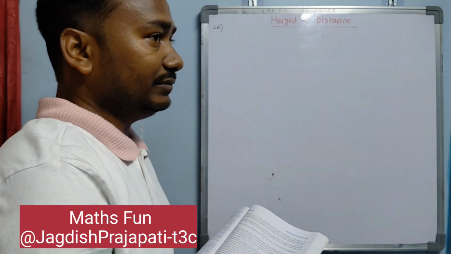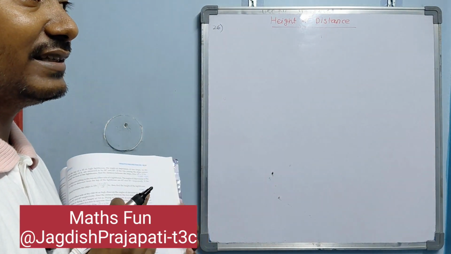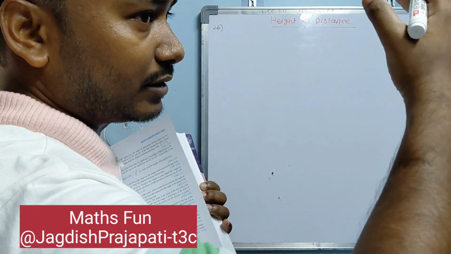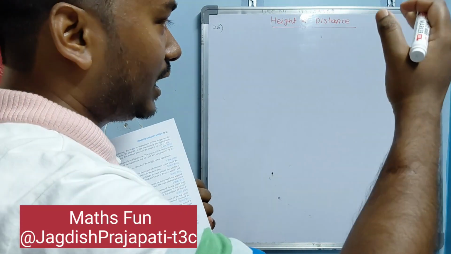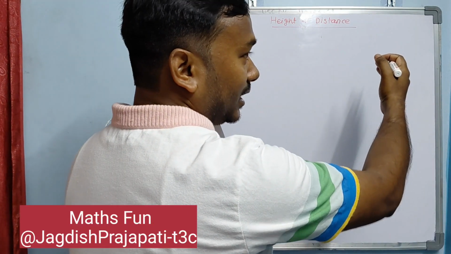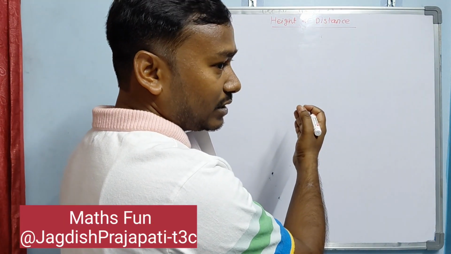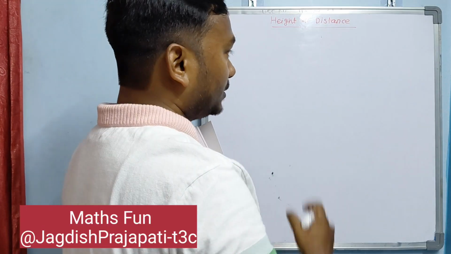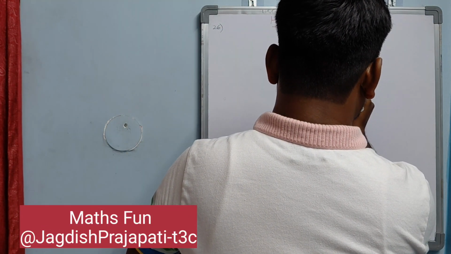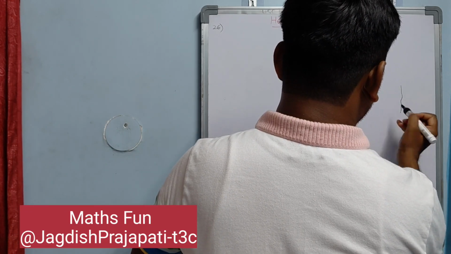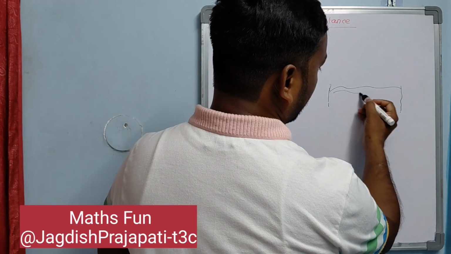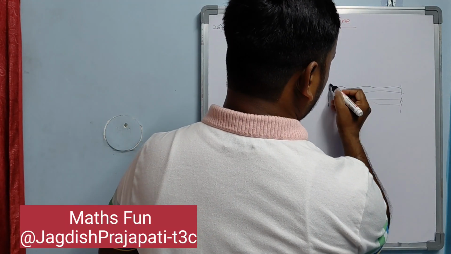So in this problem, it is describing that there is a river, and a flight is flying over the river. At some point over the river, the angle of depression is given like 45 degree and 60 degree. Let's see, this is the width of the river. So this is the river.